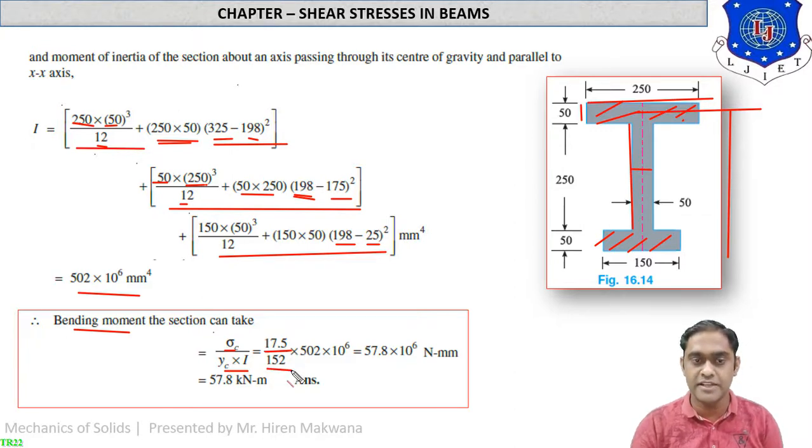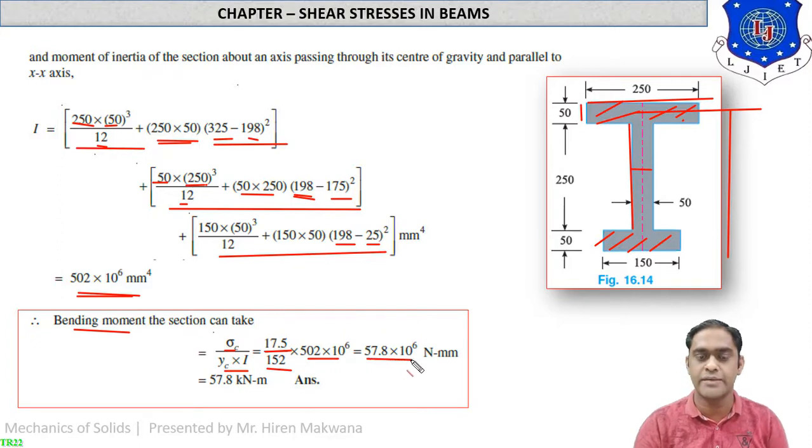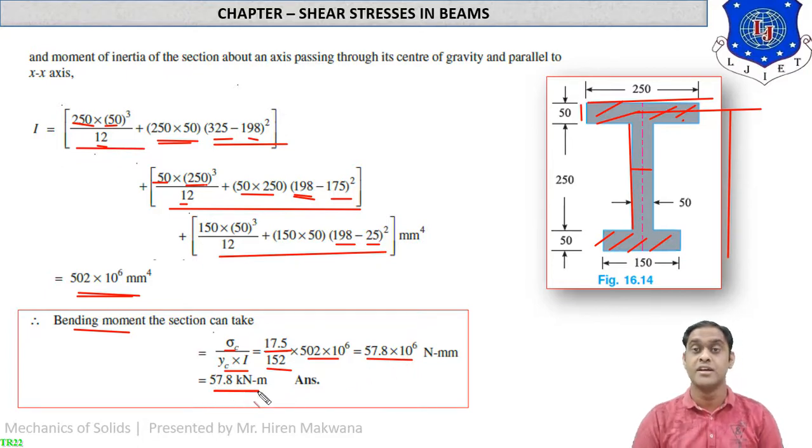Yc we have calculated earlier. You can rewind the video and check it. Moment of inertia we just calculated as 502 into 10 raised to 6. So the final answer is 57.8 into 10 raised to 6 Newton mm. You can convert it into kilonewton meter, which gives 57.8 kilonewton meter. Here our first answer is completed.